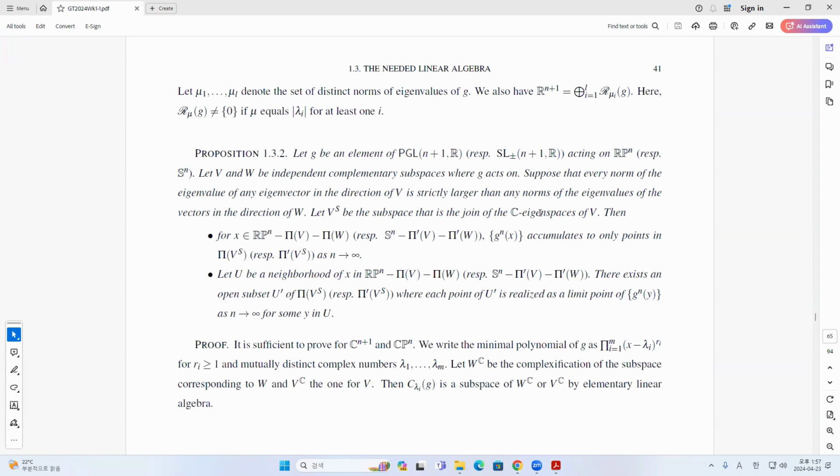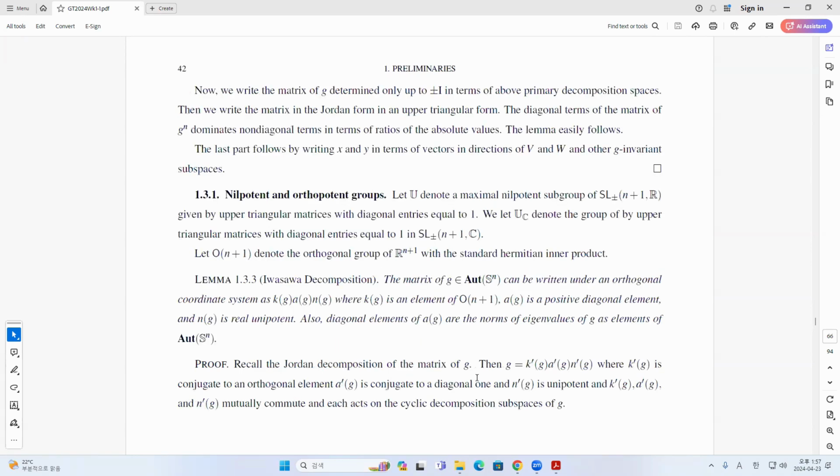But these should be in the C eigenspaces, because the complementary space has a lower contribution. And this one just means that each point has to be realized because it has the same strength of eigenvalue. Okay, so those are some dynamical results.